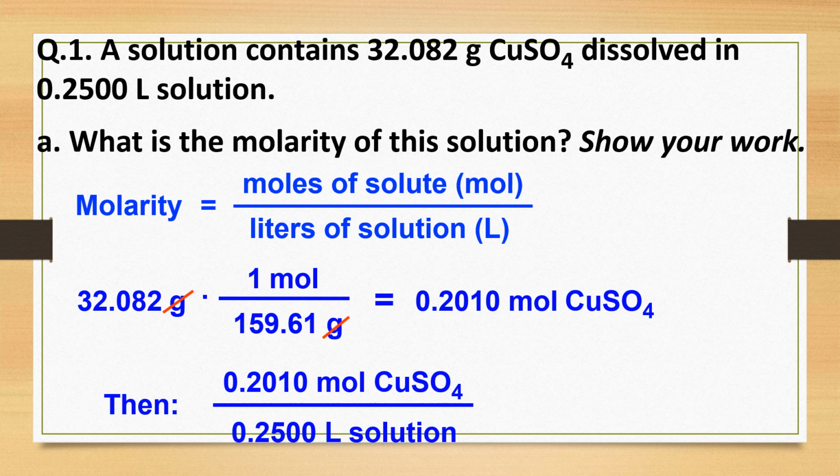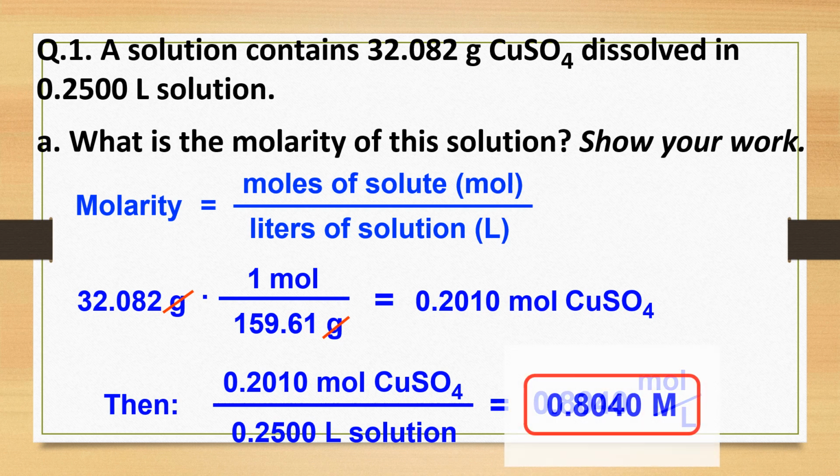After we have our moles per liter, we get 0.8040 moles per liter. Then we can change this unit into our big M symbol for concentration, which is molarity.